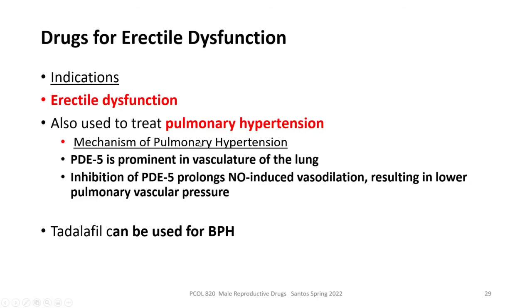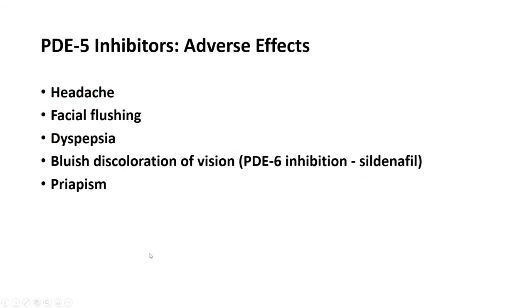That's why it has an indication to treat pulmonary hypertension. The drug that has been used with that indication is tadalafil. Tadalafil is also being used for benign prostatic hyperplasia.